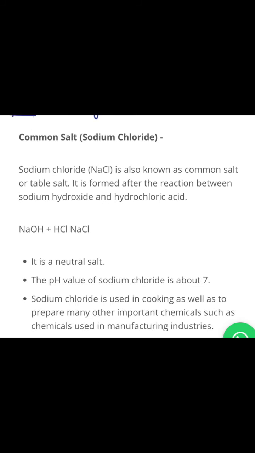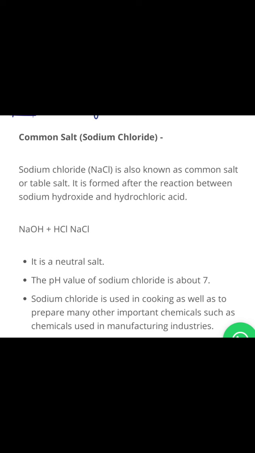Now we'll be talking about our first salt that is to be studied in class 10, that is common salt. The name common salt, or table salt, is a common name, and the chemical name is sodium chloride, and the chemical formula for it is NaCl.